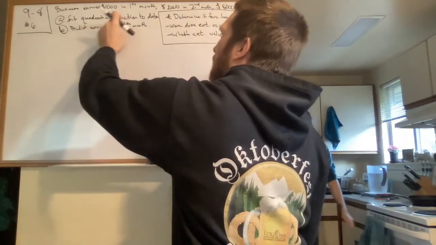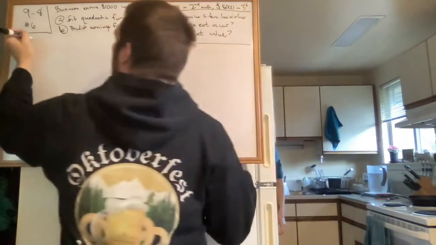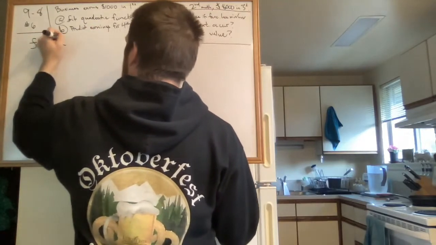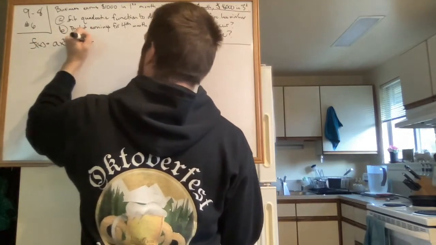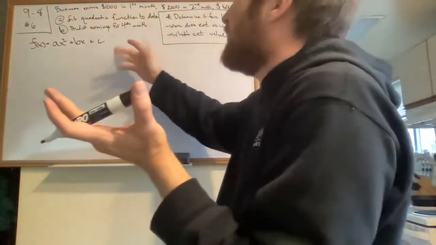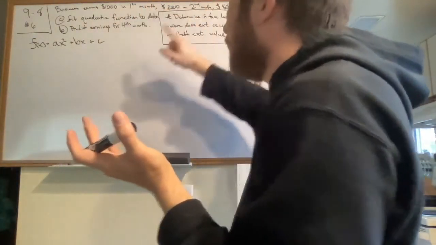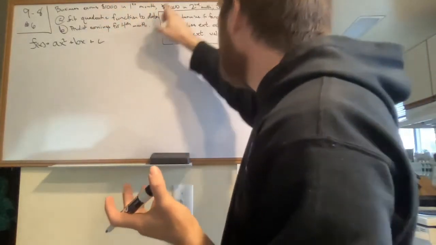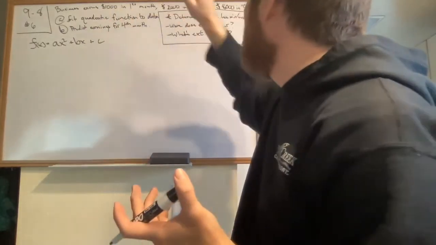Okay, so let's look at this. We're supposed to fit a quadratic function to the data. So what we want is an f of x. It's supposed to be quadratic, so it has to be ax squared plus bx plus c. And it tells us that when we plug in, I guess we're just going to say let x be the month, right? So when we plug in a 1, we get out 1,000. Plug in a 2, we get out 2,000. Plug in a 3, we get out 8,000.